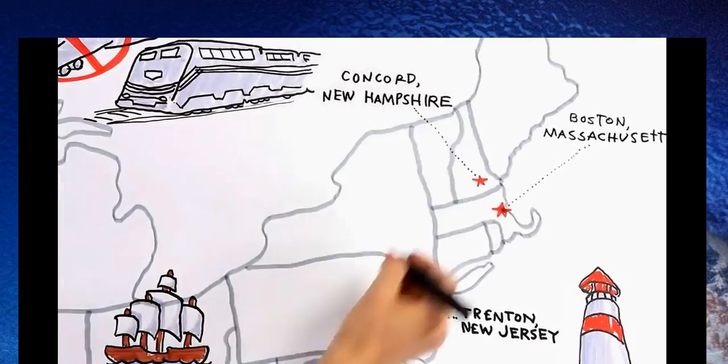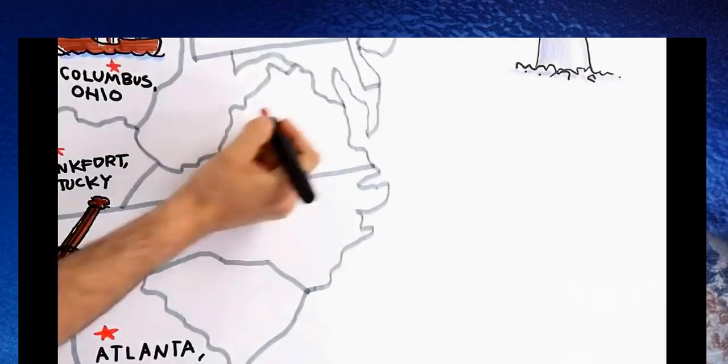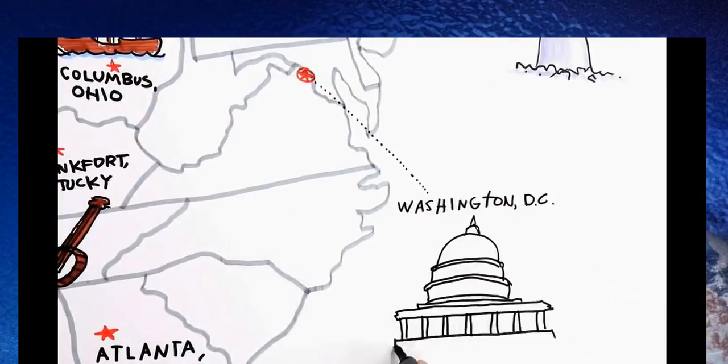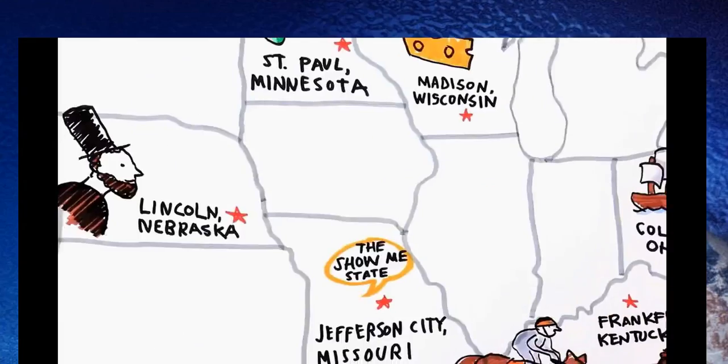Boston, Massachusetts, Concord, New Hampshire, going to Vermont, Montpelier, Montgomery, Alabama, then Washington, D.C., to see the nation's capital. Aloha to Honolulu, Hawaii, Des Moines, Iowa.